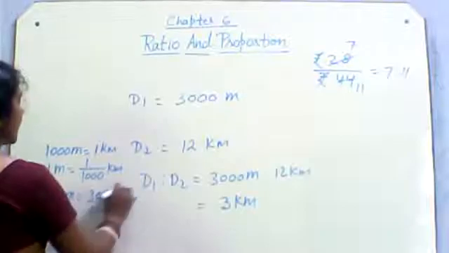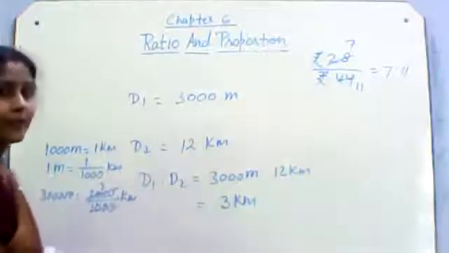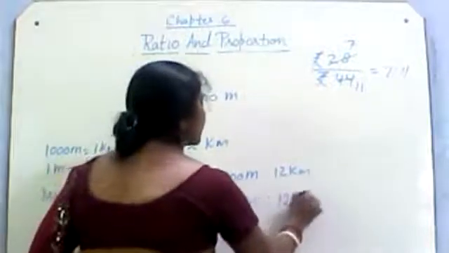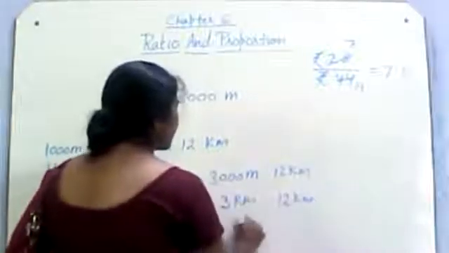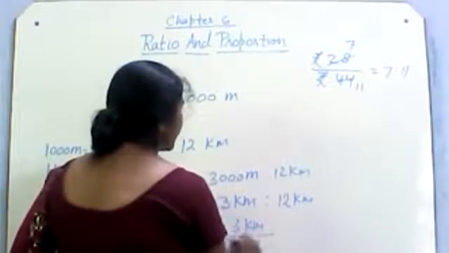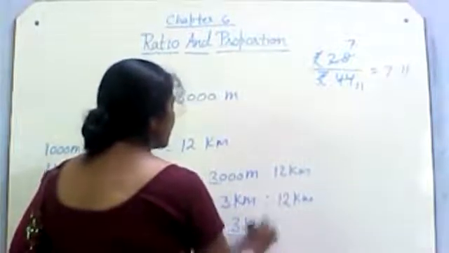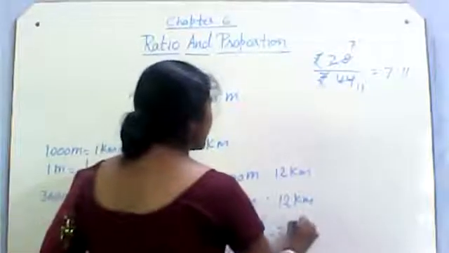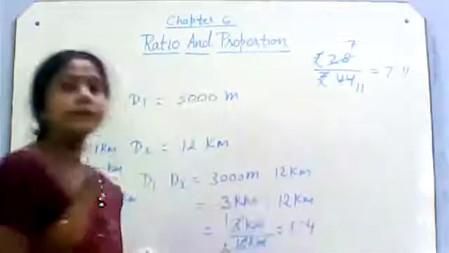So when we will cancel it, this will give you 3 kilometer. Now, ratio 12 kilometer. So 3 kilometer divided by 12 kilometer. Kilometer cancel. 3 ones are 3, 3 fours are 12. This will be 1 ratio 4.